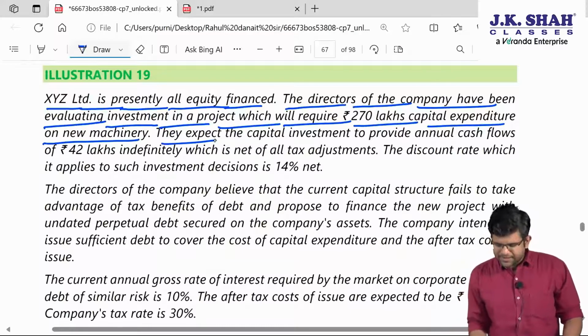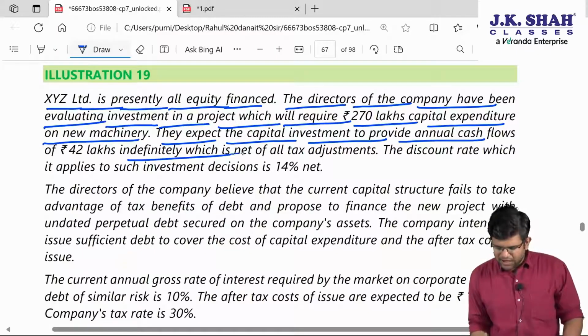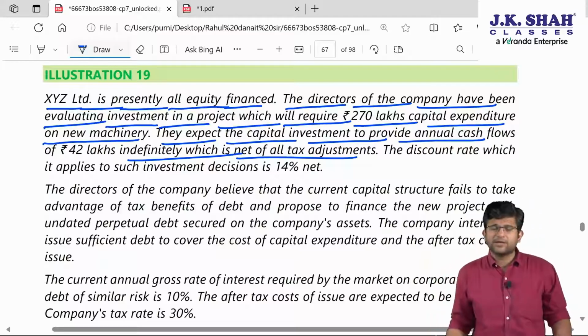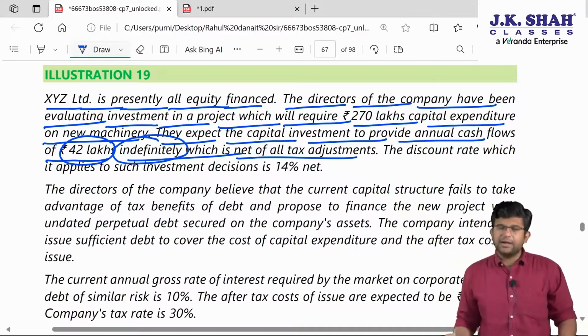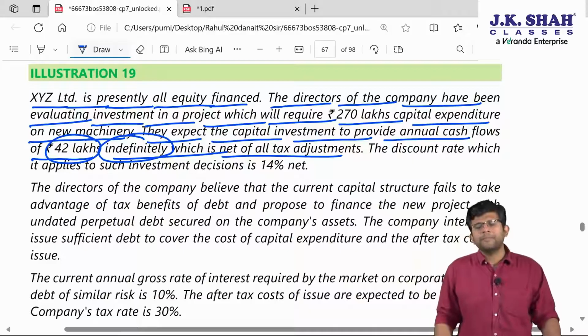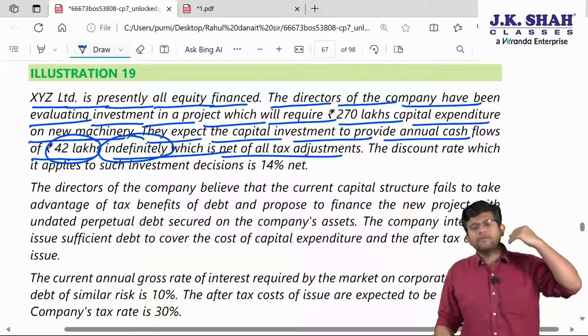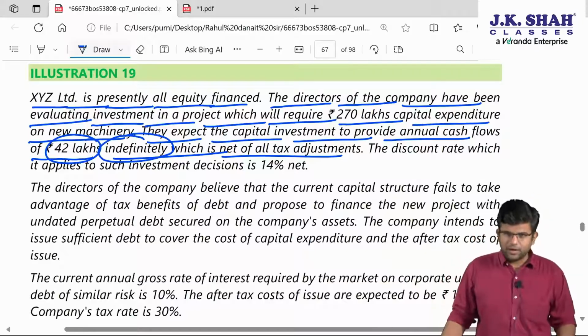Next, they expect the investment to provide annual cash flows after tax, which is called CFAT in our capital budgeting language, of 42 lakhs indefinitely. Now indefinitely, what do you mean by indefinitely? Can I say indefinitely means there is no life, every year for eternity, for perpetuity, you will keep getting 42 lakh rupees.